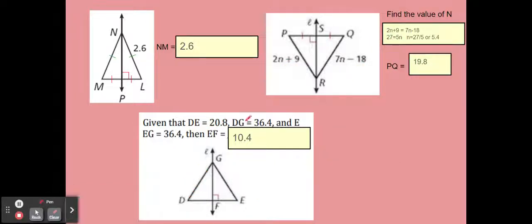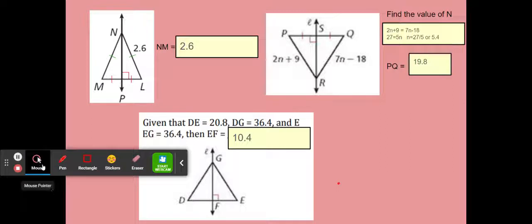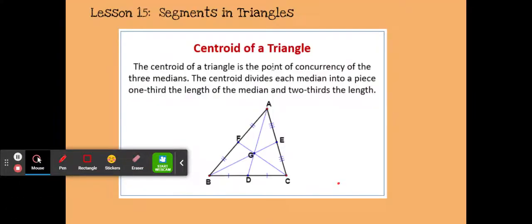All right, so let's look at another one here. There we go, now I got the screen.